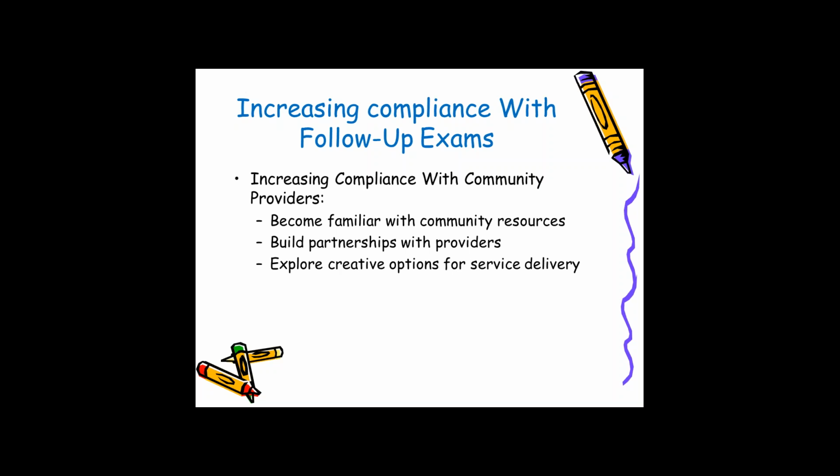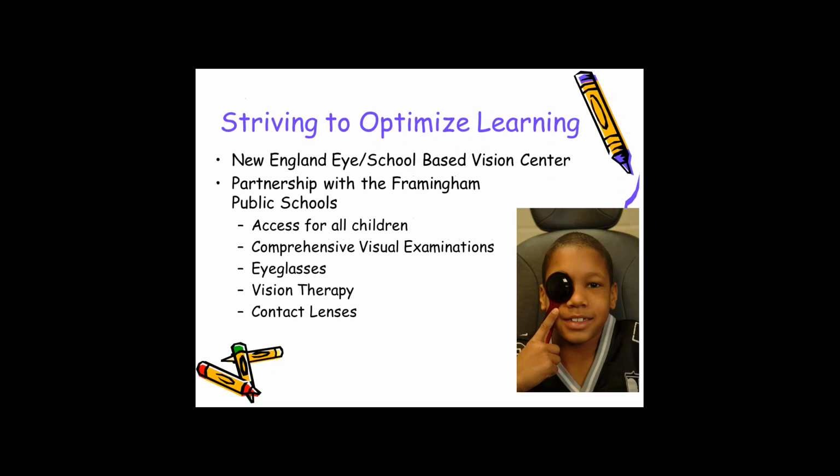Along with increasing compliance with the community, you need to be familiar with the community resources, how to build partnerships with these providers, and explore potential options in service delivery. At the New England College of Optometry, the New England Eye Institute, which is the clinical arm of the college, we've been working on this quite a bit. And we've been striving to optimize learning.